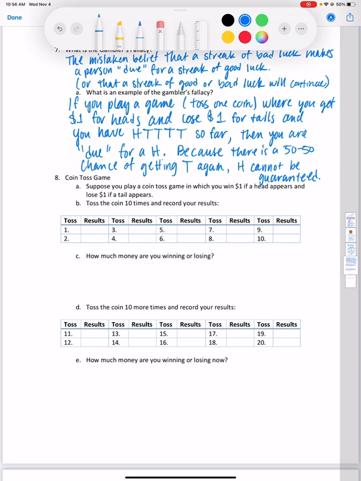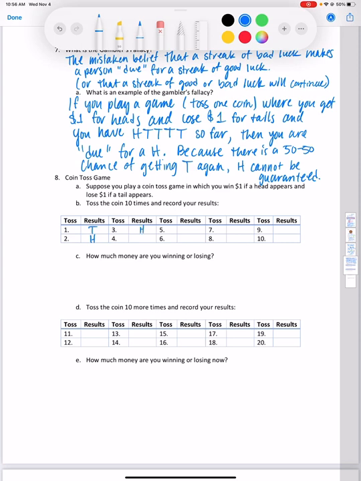Let's go ahead and test it with this coin toss game. So we're going to play coin toss, and we're going to toss a coin 10 times. I'm going ahead and do that. You can go ahead and do that with your handout and see what the results are. Okay. So here's my first toss is a tails. Heads.